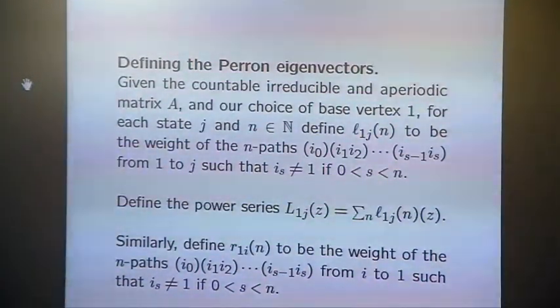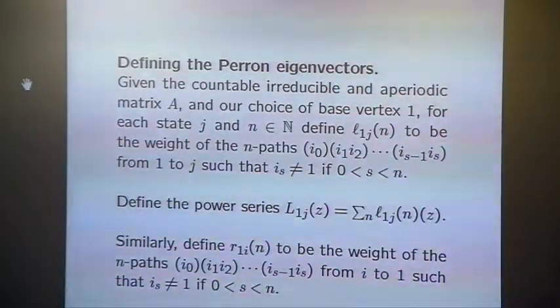All right. So how do we define these Perron eigenvectors that are obtained in the Vere-Jones theory? Where do they come from? Well, given our countable irreducible and aperiodic matrix A and our choice of vertex 1, for each state j, each positive integer n, we define a number L1j of n.